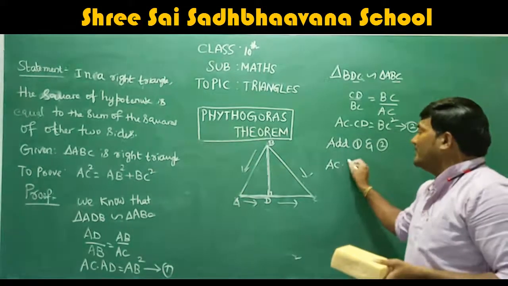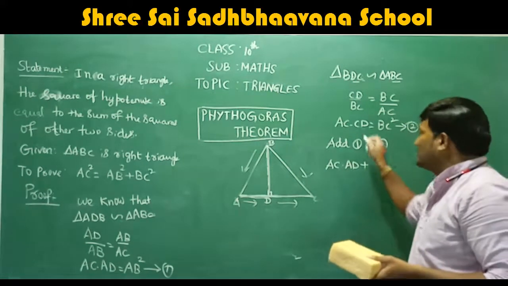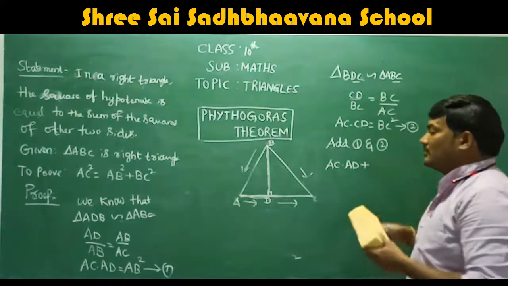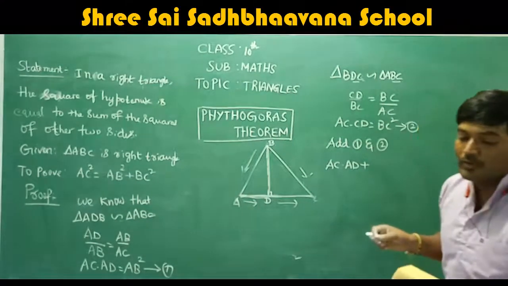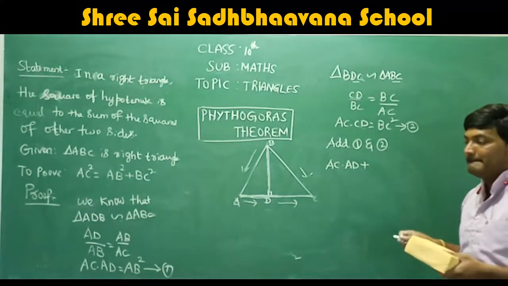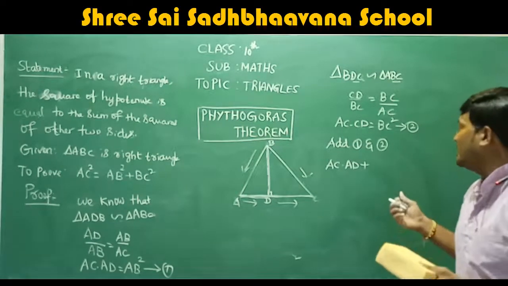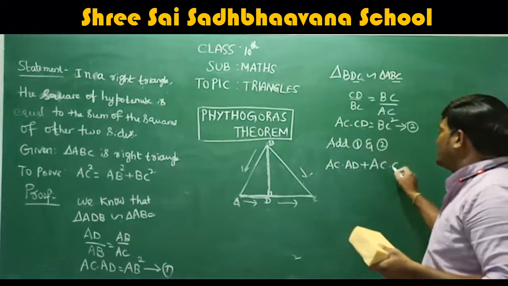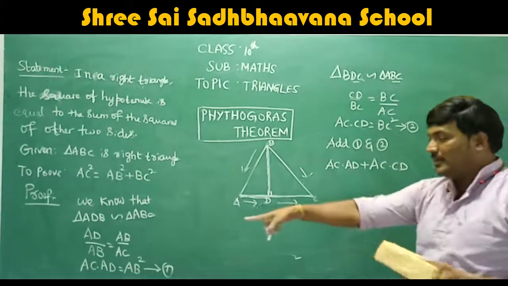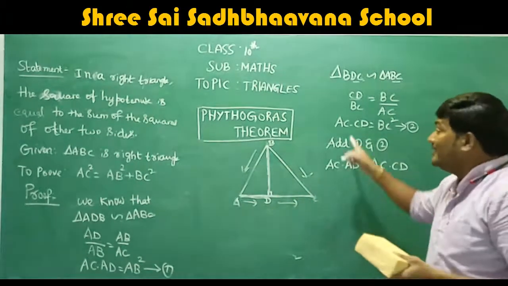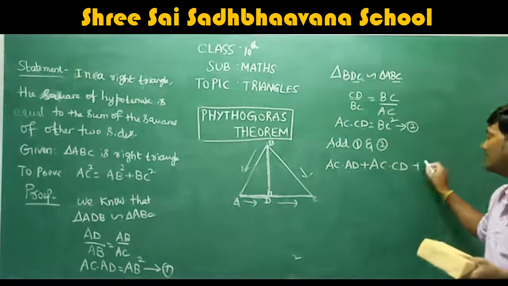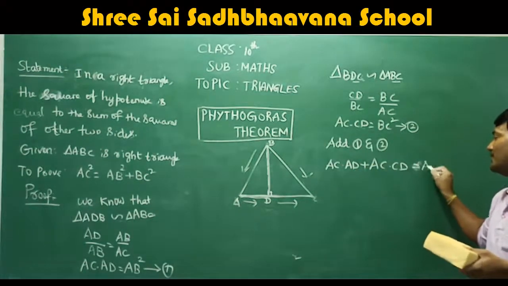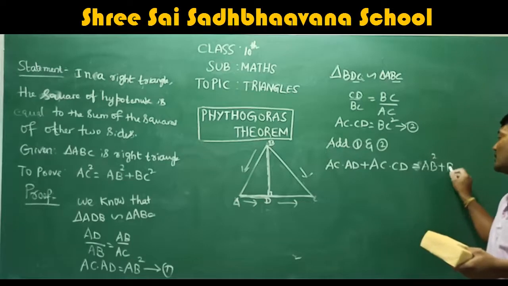So AC into AD plus AC into CD. There the LHS is AC into AD, here the LHS is AC into CD, and the RHS is equal to AB square plus BC square.